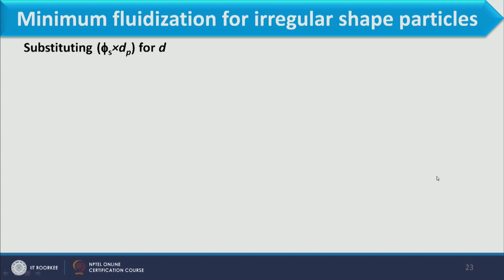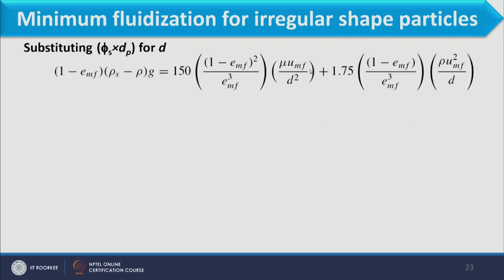Now what happens? We have to obtain the minimum fluidizing velocity for irregular particles. So it was Ergun's equation, if you remember, where in the pressure drop we have replaced E with EMF, and U we have replaced with UMF. Here D should be replaced with phi s into dP to consider the shape of the particle, and along with replacing D with phi s and dP, we have to multiply both sides with this factor.